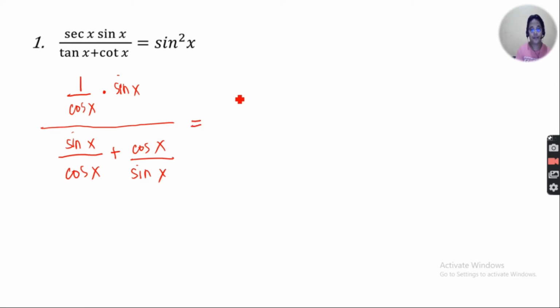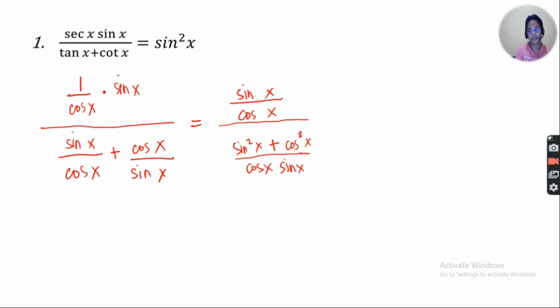So we have, in the numerator part, sine x over cosine x all over, so we have the denominator, so ang LCD natin is cosine x sine x, and sine x times sine x is sine squared x plus cosine x times cosine x is cosine squared x.